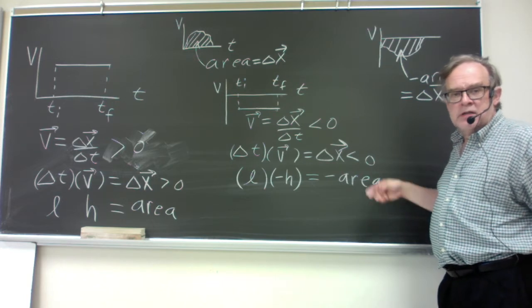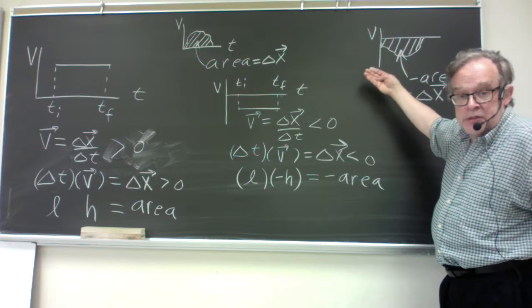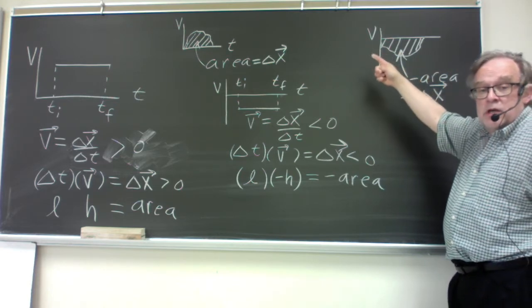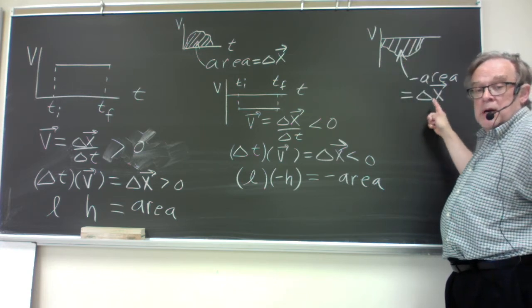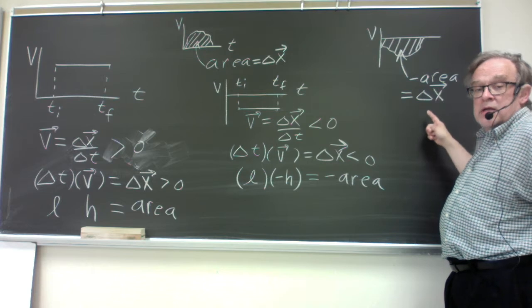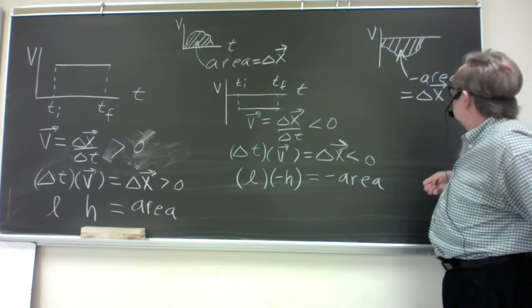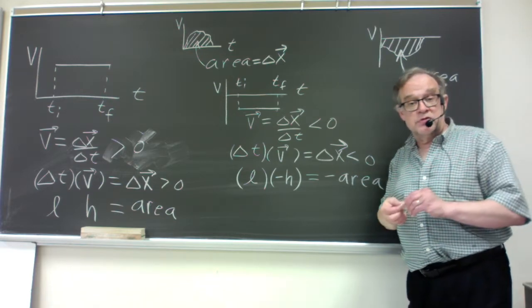And what we have is that anytime velocity is negative, and therefore displacements are negative, then you take the area between the velocity line and the time axis, -1 times that area is equal to the negative displacement. Let's look at a couple examples of that.